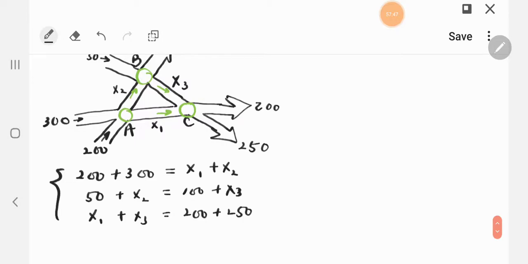Let's rewrite the equations and put the x terms together. So x1 and x2 on the left hand side, and the right hand side is the number of cars, 500. For the second equation, let's move x3 to the left. So x2 minus x3 is equal to, moving 50 from left to the right, 100 minus 50 on each side, which is 50.